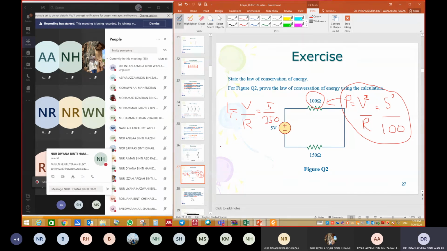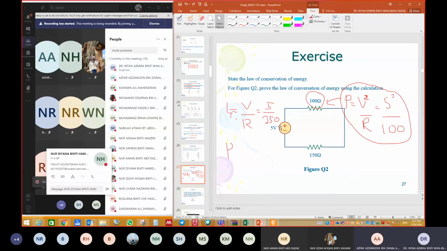Then you get the total current, and the power for 100 ohm is equal to this current times the voltage. Same goes for 150 ohm.